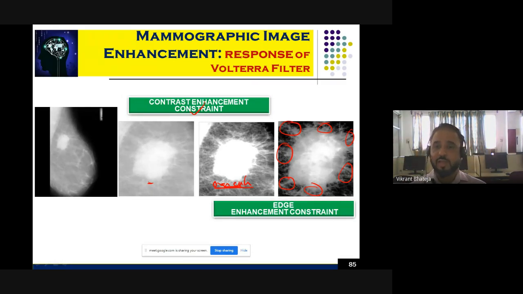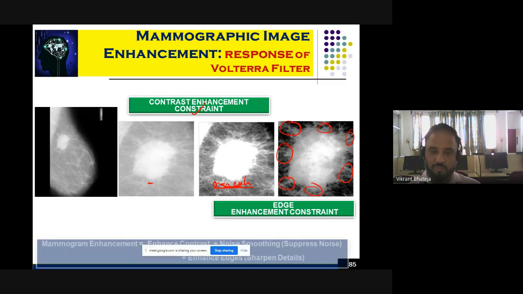As we have seen, when we are doing mammogram enhancement, we have to focus upon contrast enhancement, and we have to focus upon edge enhancement because the image has to be sharp. But finally, we see that there is a trade-off, because depending upon which filtering component is dominating, you get an unexpected kind of image.